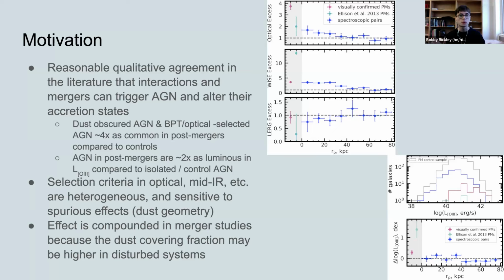And we create these equal sized samples of galaxy mergers and controls and take the ratio of the AGN fractions in those two. Okay, so that's a straight ratio, not a percentage. Right, yeah. So an excess of 2 just means that there are twice as many AGN in the interacting or the post-merger sample compared to a control sample that we match. Thank you.